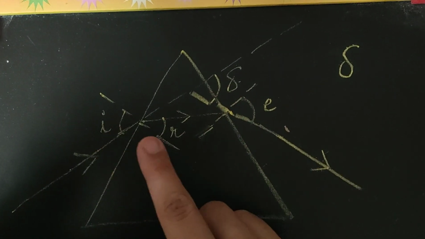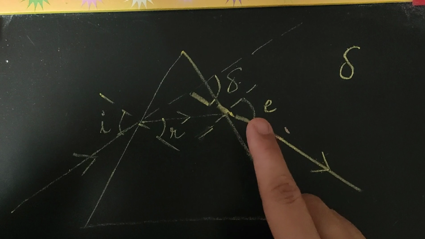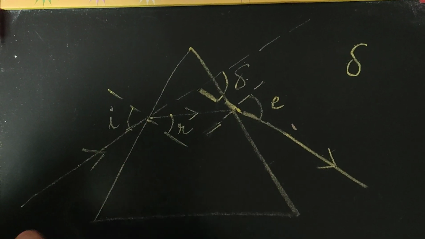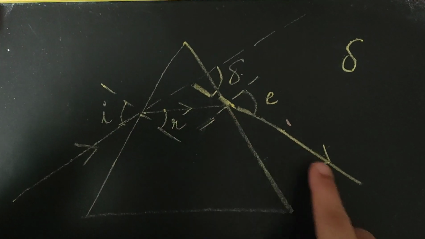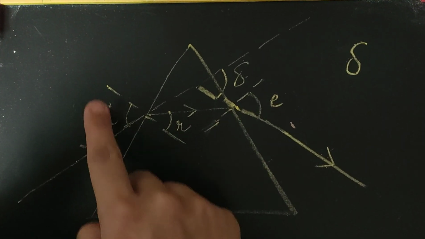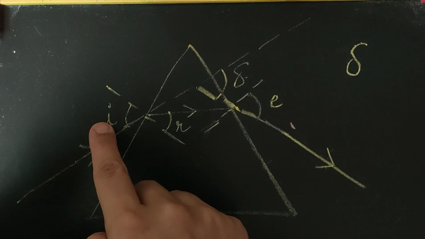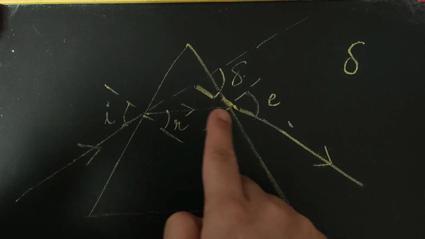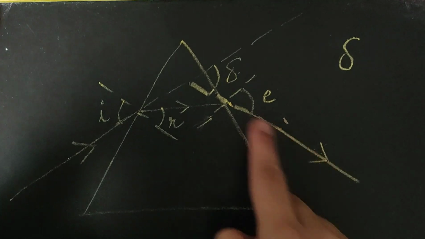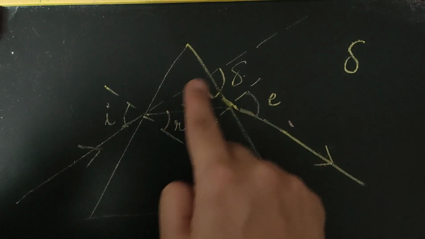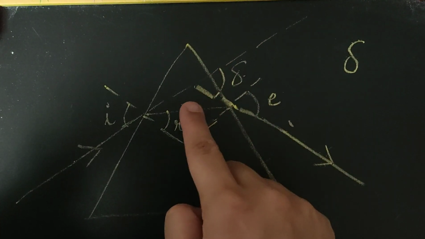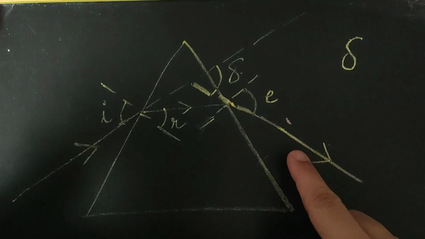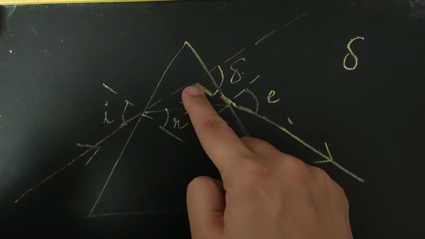So these are the three main angles, in fact 4 main angles, which you should be able to label in the diagram for tracing the path of a ray of light through a prism. The angle of incidence, normal और incident ray के बीच में, angle of refraction, refracted ray और normal के बीच में, the angle of emergence, emergent ray और normal के बीच में, and the angle of deviation, that is the angle between the incident ray produced forward and the emergent ray produced backward.